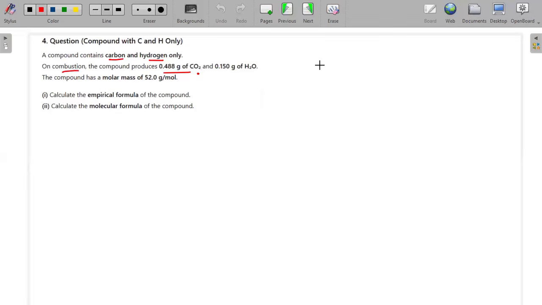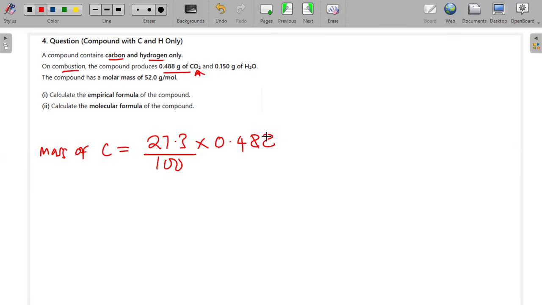Mass of carbon equals the percent of carbon, 27.3 divided by 100, multiplied by the mass of carbon dioxide that I've been given, which is 0.488 grams.